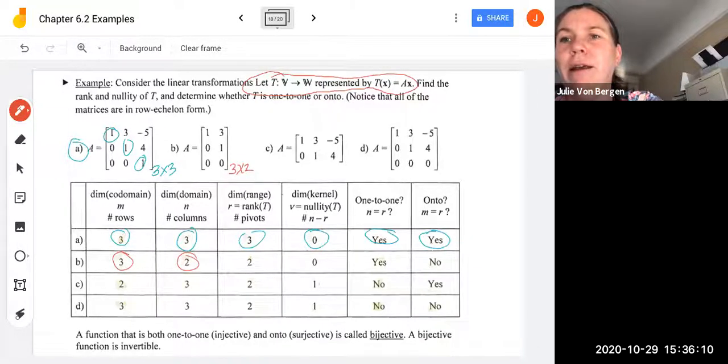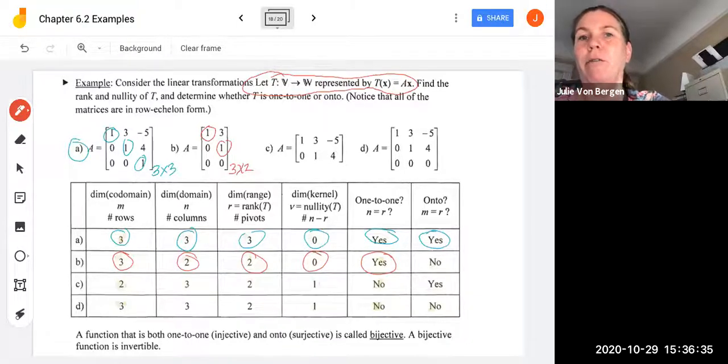And so then the number of pivots is 2 here. And the dimension of the kernel is n minus r, which is 0. So because n and r are equal, this is 1-to-1, but it's not onto. And that makes sense because we don't have a square matrix here. So you can see that we're not going to take up all of R3 when we map from R2 to R3 here.